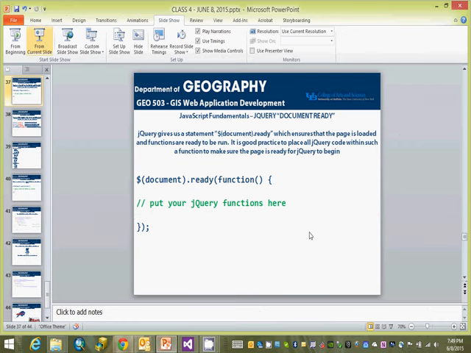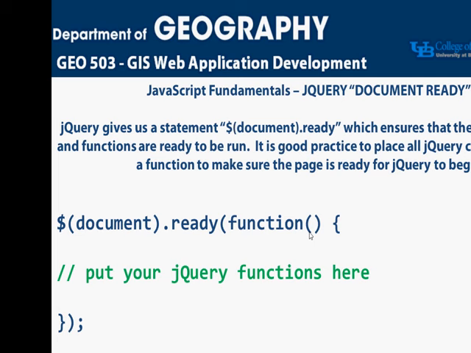So $ sign with document in parentheses gives us access in jQuery to the entire document. And on the document in jQuery, there's an action called ready. And then you see function. It's an anonymous function. I said we'll be doing that more.